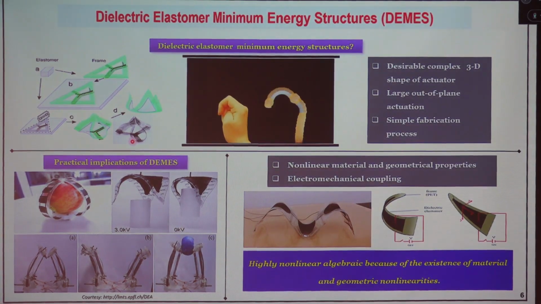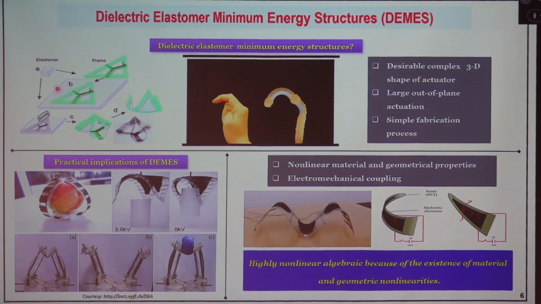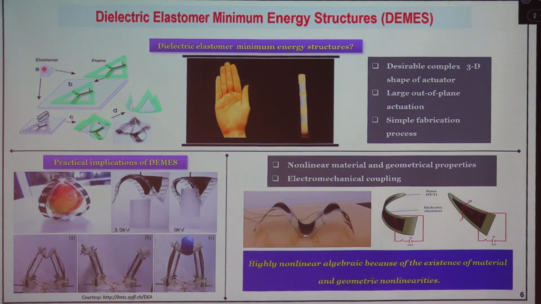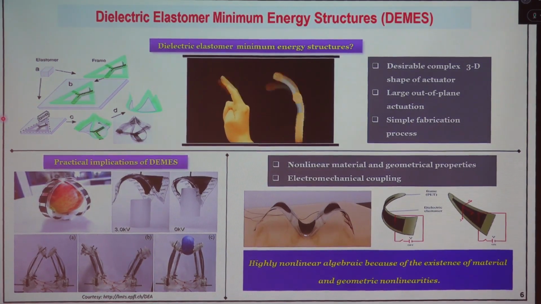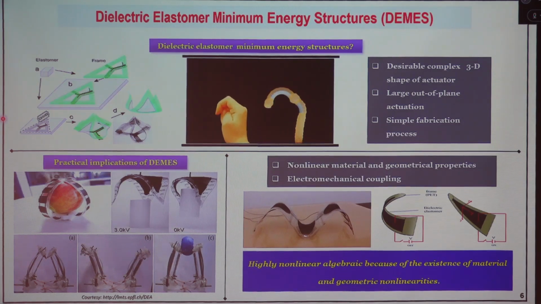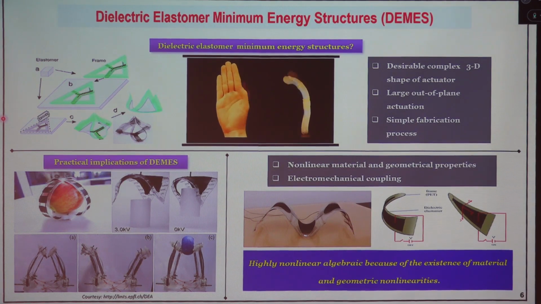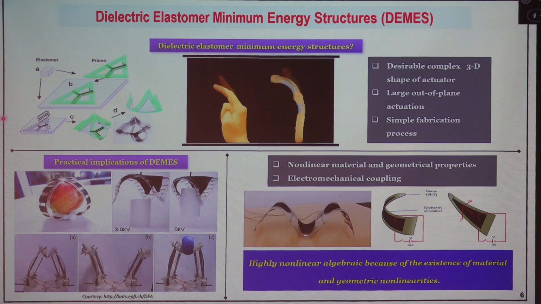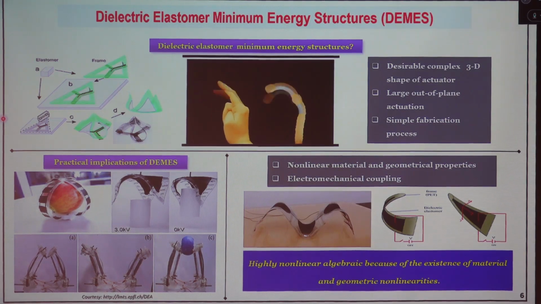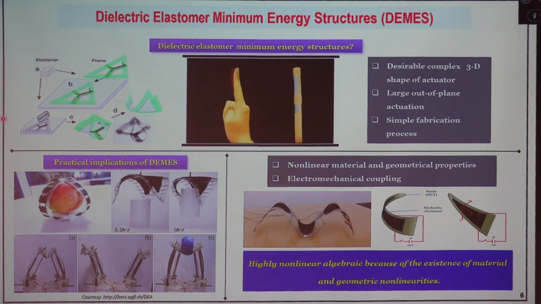So let us try to understand the mechanics of this. We have already seen that this is a dielectric elastomer membrane, and that the pre-stretching of the membrane plays a very important role. I will just give a quick overview of why. For example, if you have a membrane of 1 mm thickness and we directly apply the voltage, the voltage will compress the membrane in the thickness direction, causing deformation of the membrane.